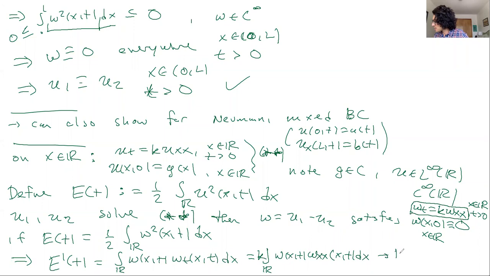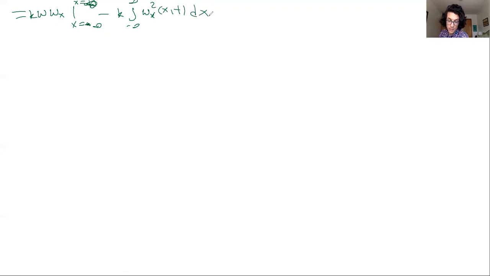So what's coming up next is integration by parts, and so that is going to be equal to k W W_x evaluated from x equals a up to x equals b, minus k times the integral from minus infinity up to infinity of W_x squared dx.